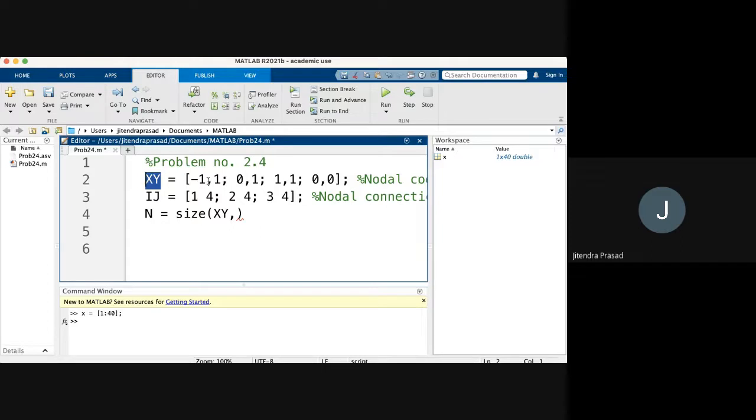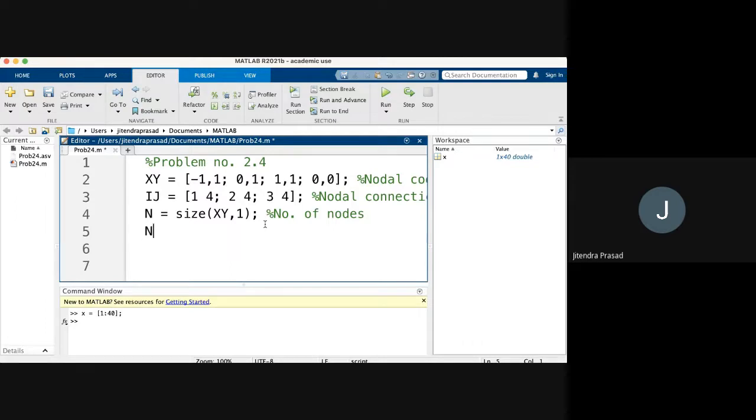So the number of rows is 4, which means we are talking about dimension 1, meaning the rows. So the number of rows in the xy matrix will tell you how many nodes there are. We can find the number of nodes from here.